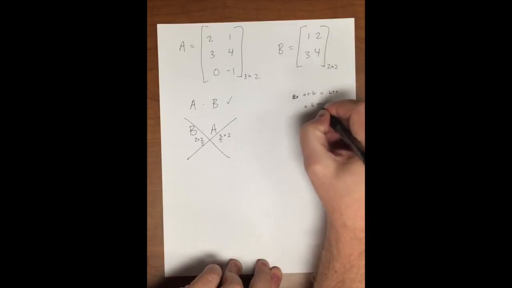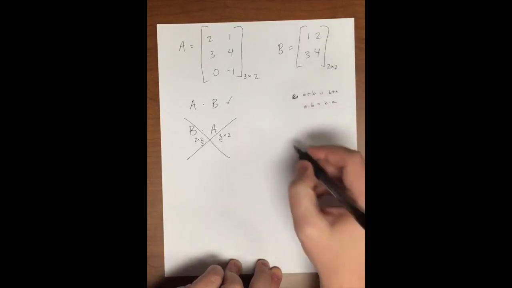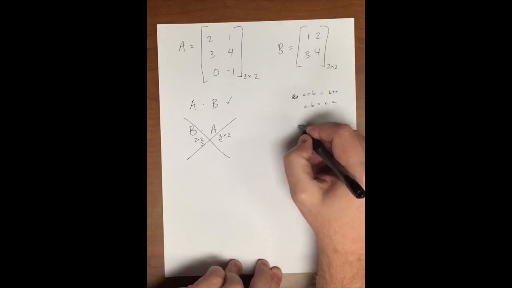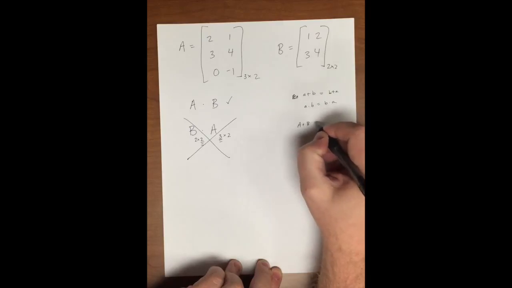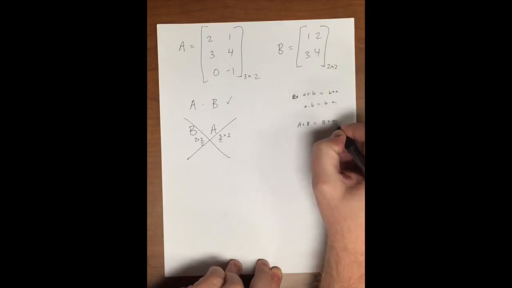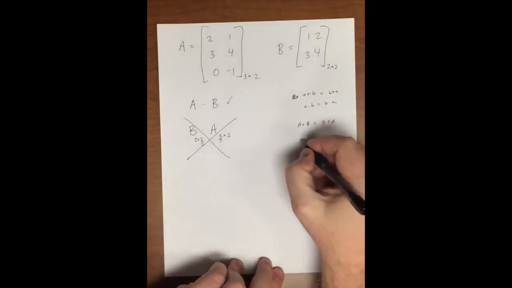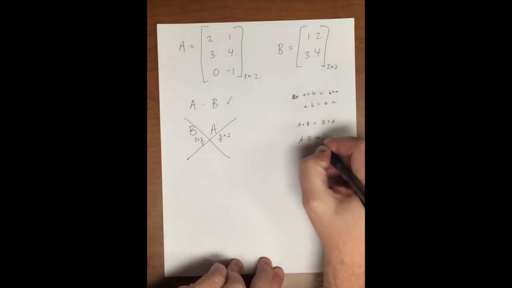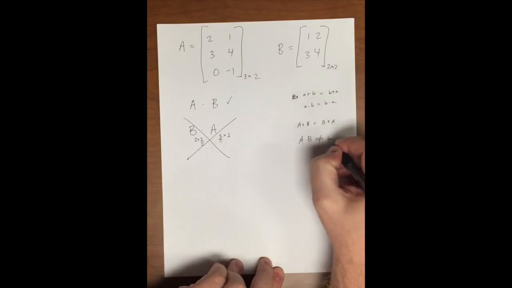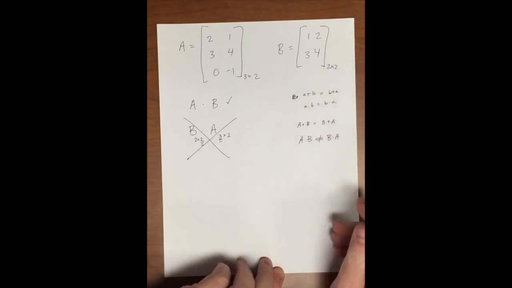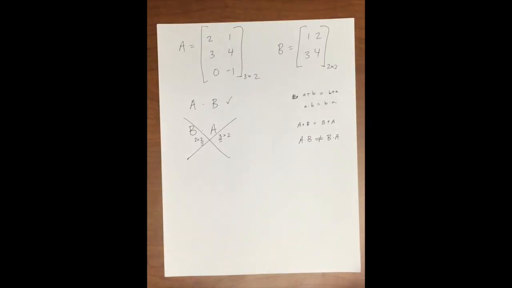A times B is B times A. And with matrices, capital letters, A plus B is always going to give you the same thing as B plus A. So matrix addition is commutative, but A times B is not necessarily B times A. So we can't swap around the order when we're multiplying. We need to keep that in mind. This will be a very important property for us as we keep moving forward.